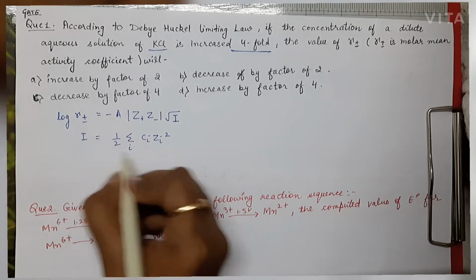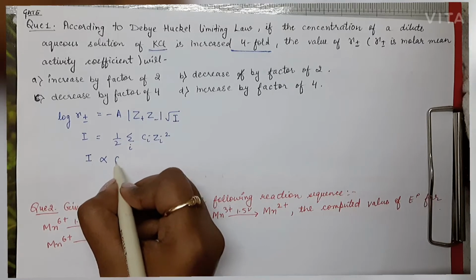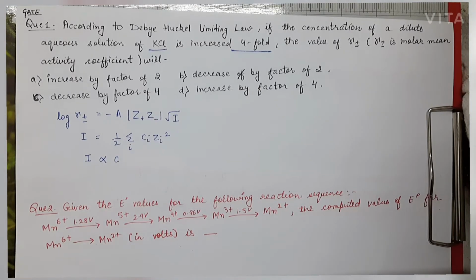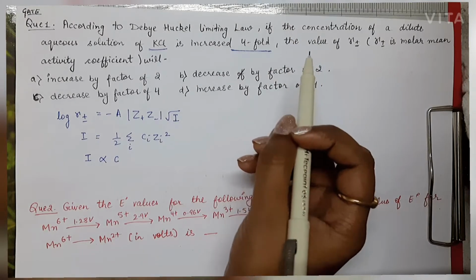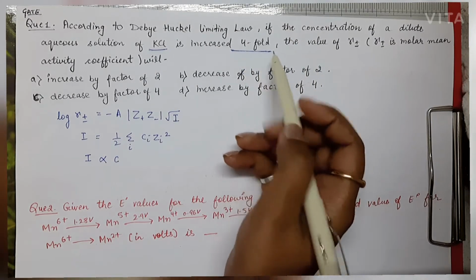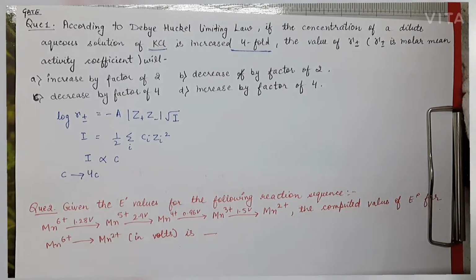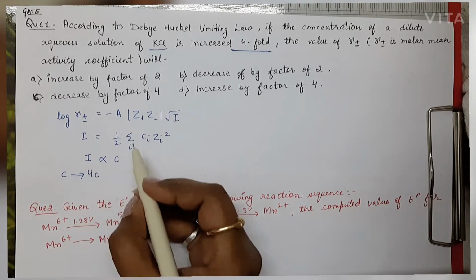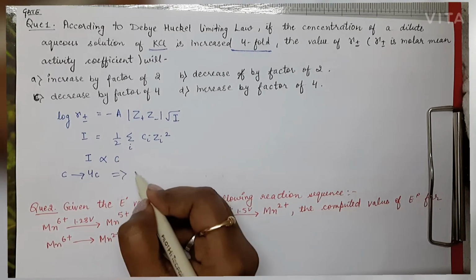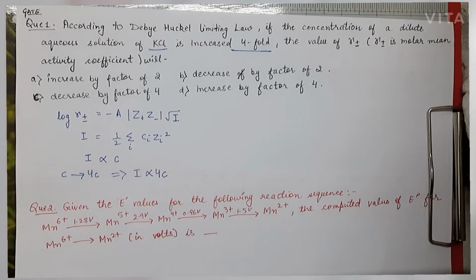Now here in this relation you can see that I is directly proportional to C. Now if we want to increase the concentration 4 folds, that means we have to change C to 4C. Then ionic strength will be directly proportional to 4 times the concentration.